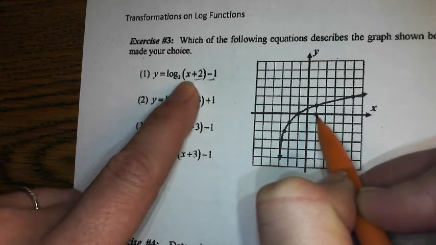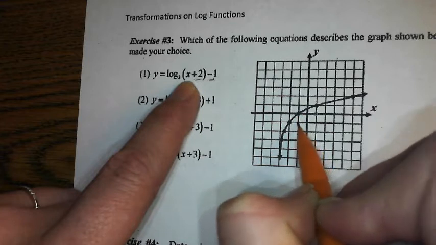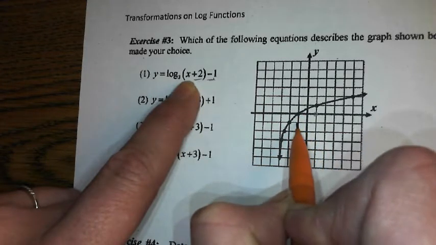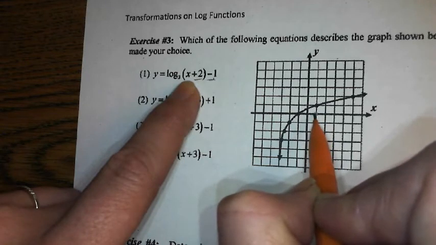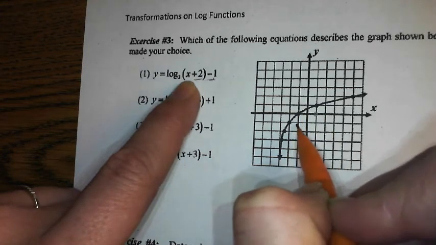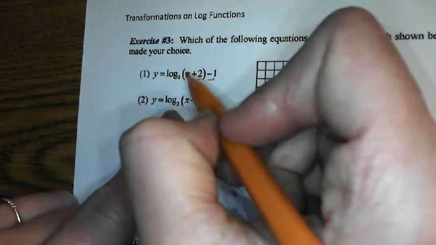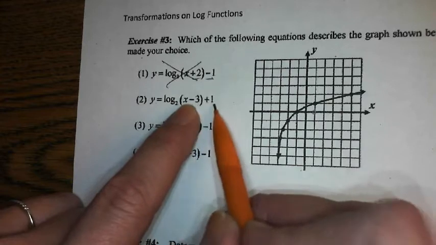So if 1, 0 got shifted left 2 and down 1, we would see a point right there. So is that what happened? Here's 1, 0 on the parent graph, left 2, down 1. Is that where that new point is? No, so that's out. This one would have gotten shifted right 3 and up 1.